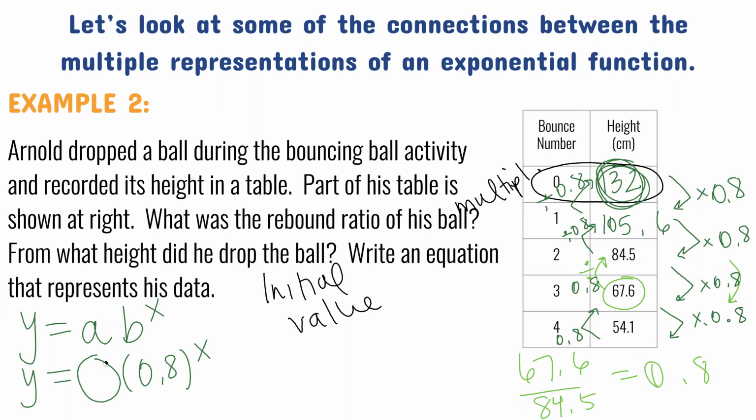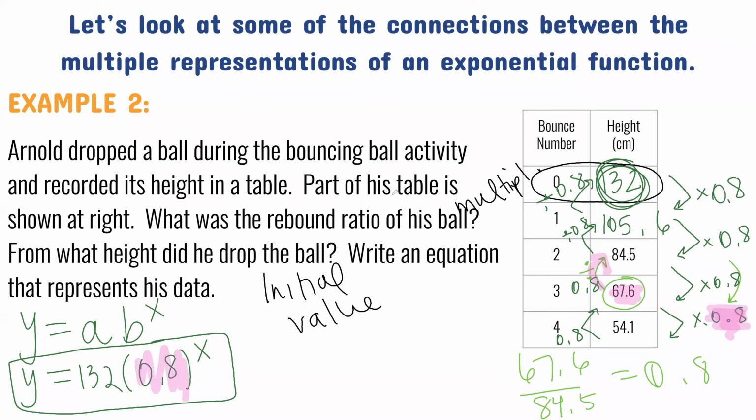I'm going to plug that in here, 132, and here is my equation. So as a quick review, to figure out your multiplier, to figure out this number, you took one of these numbers and divided it by the number on top to get the 0.8, and that is your multiplier.